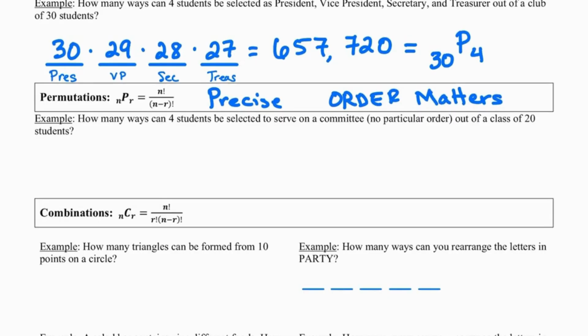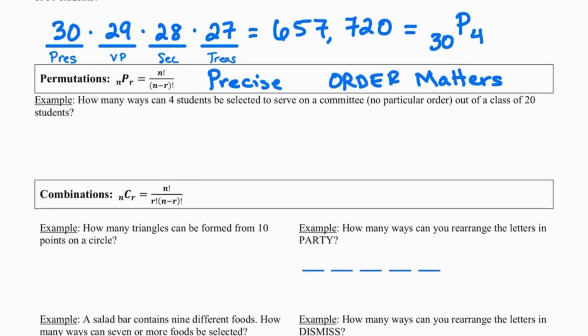What if I give you a problem where I'm only taking 20 students and I want to make a group of 4? I'm not assigning them very specific jobs. So what you would do here is think, okay, we had 20 students to choose first, then 19, then 18, then 17. However, if I choose students 1, 2, 3, 4, that's the same group as if I chose students 4, 3, 2, 1, if I had labeled all the students 1 through 20.